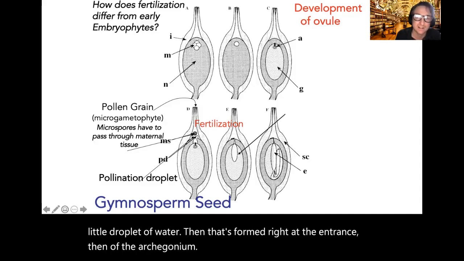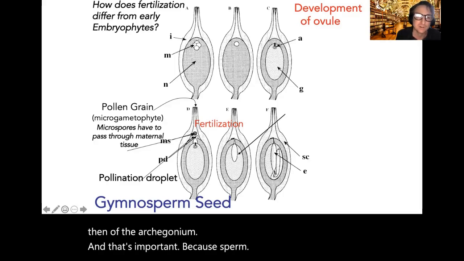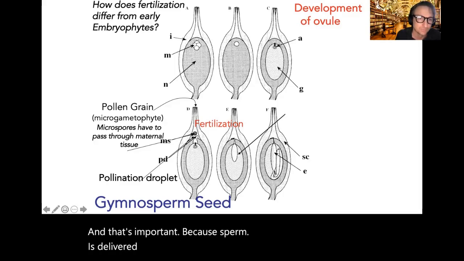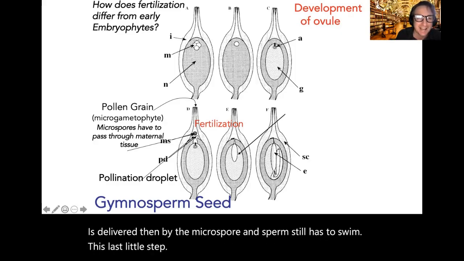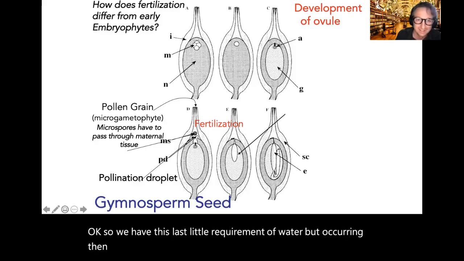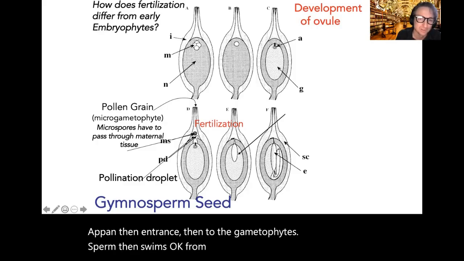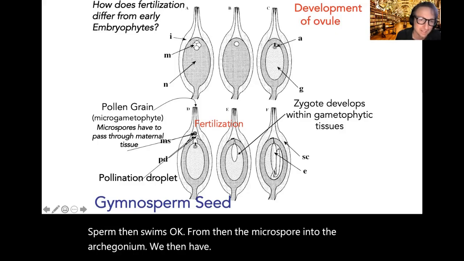That's important because sperm is delivered by the microspore, and sperm still has to swim this last little step. So we have this last little requirement of water, but occurring within the sporophyte upon entrance to the gametophyte. Sperm swims from the microspore into the archegonium. We then have a fertilization event.